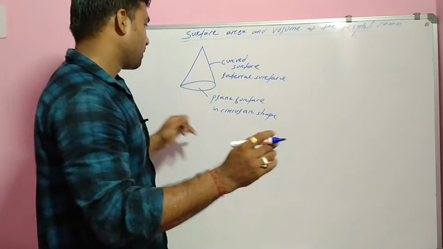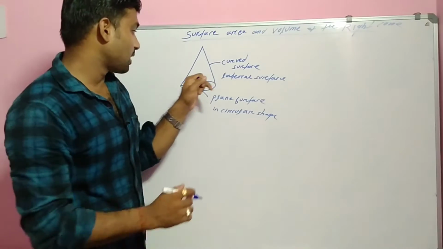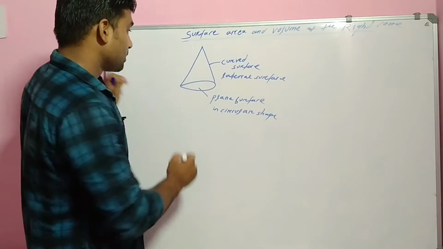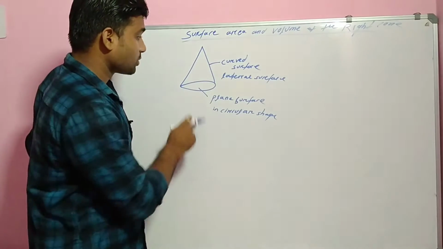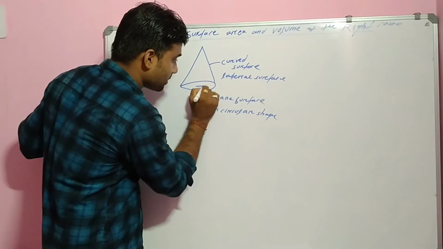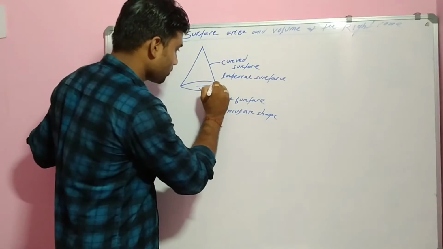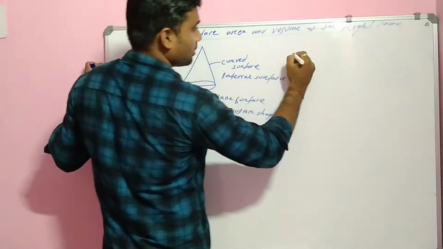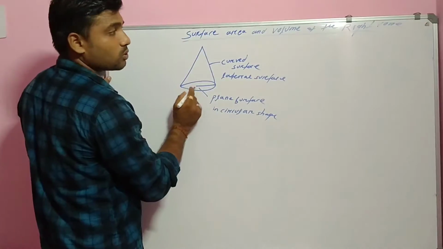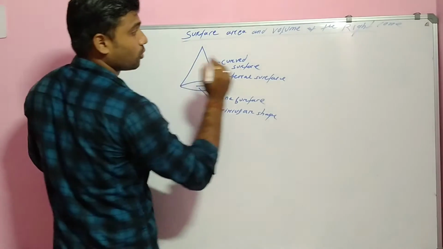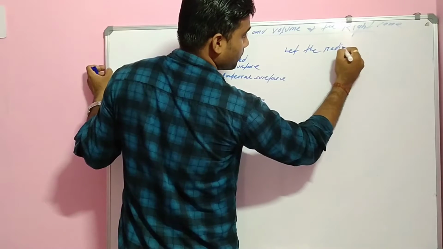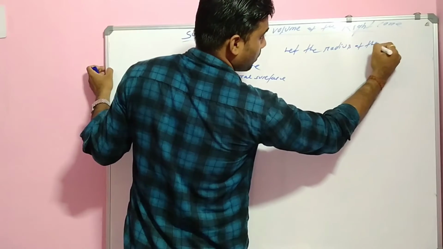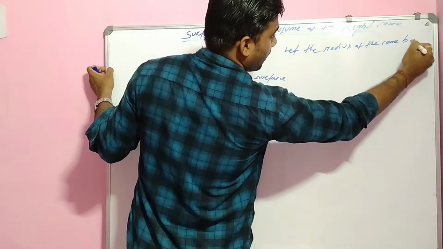Now tell me, it has one base in circular shape, which means we can find the area of the base. To find the area of the base, we have to know the radius of the base. So let the radius of the base, also called the radius of the cone, be r.